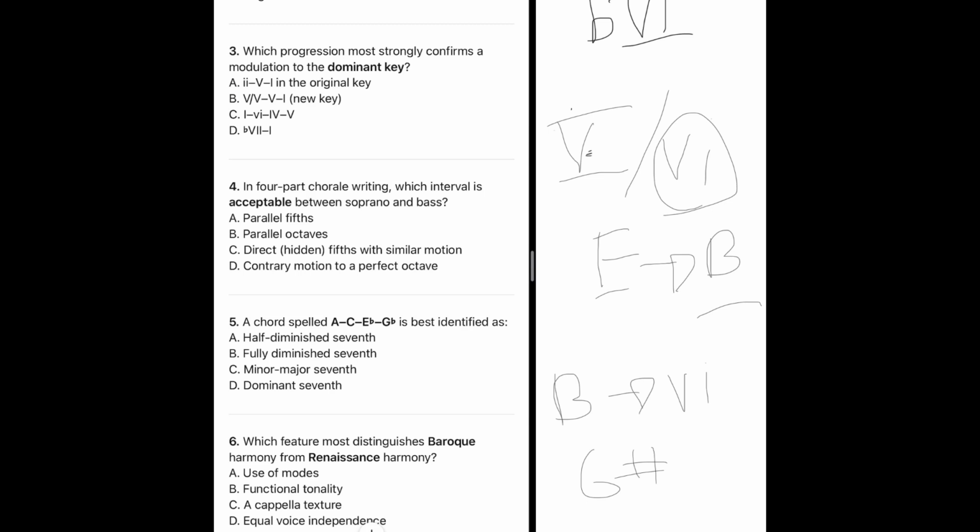Hidden fifths with similar motion or, I would say strongly D, because we kind of got chewed out for C as well. If I remember, it was a fifth.